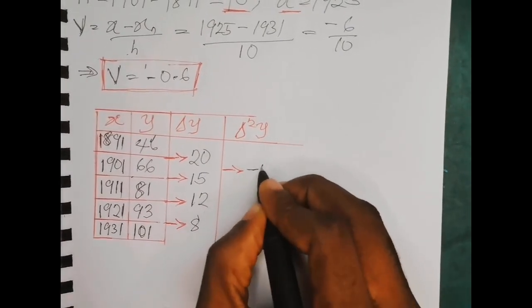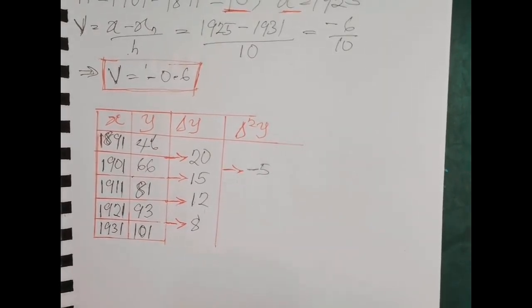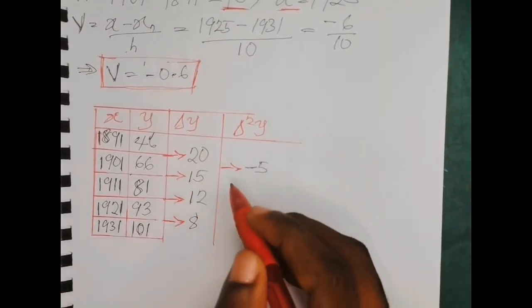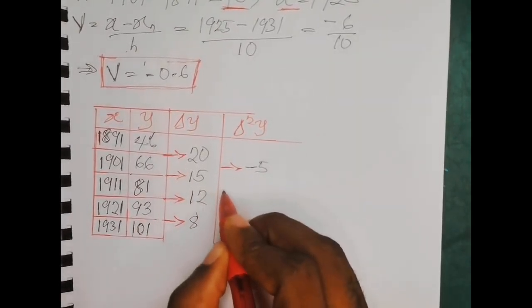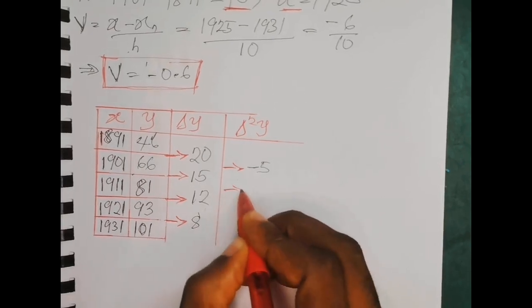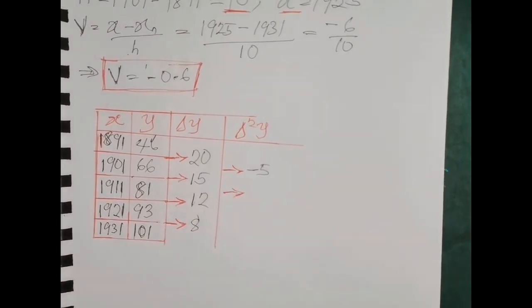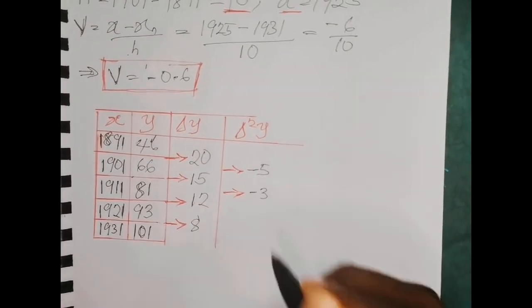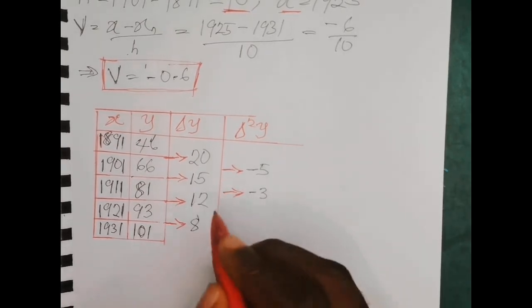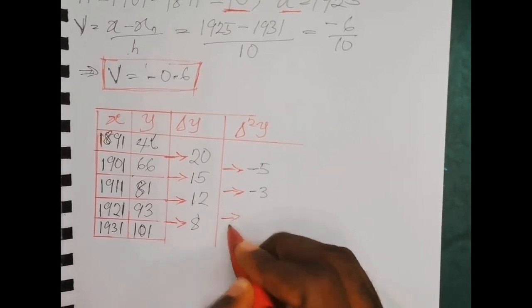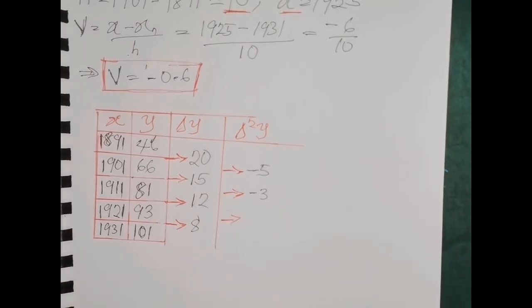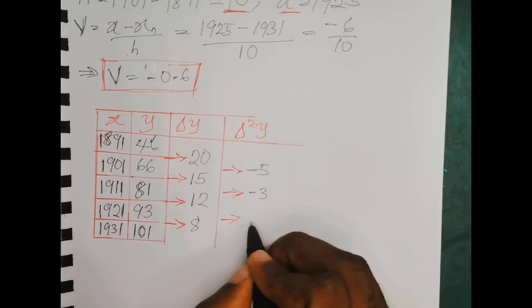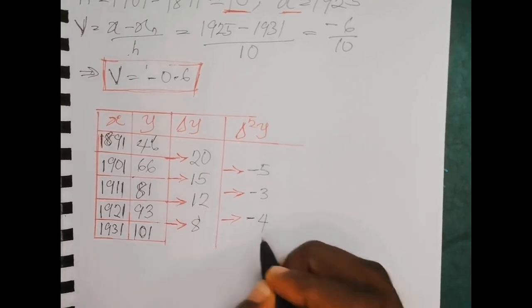Then 12 minus 15 gives us negative 3. Then 8 minus 12 gives us negative 4.